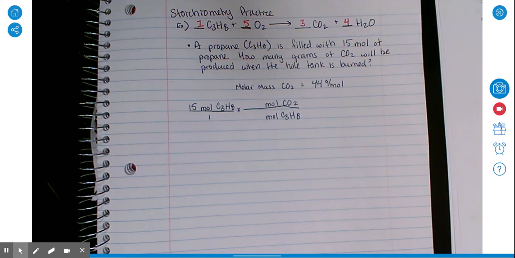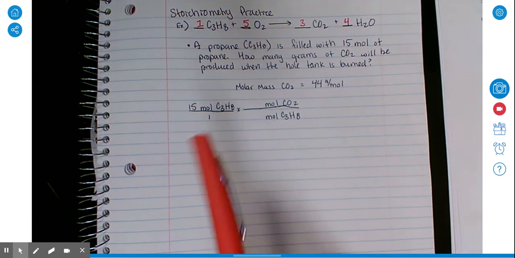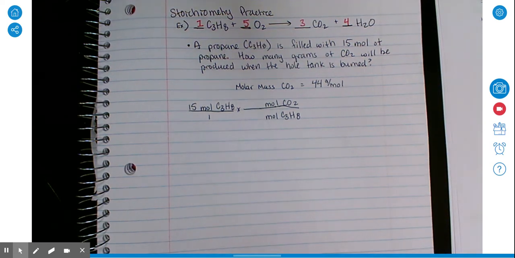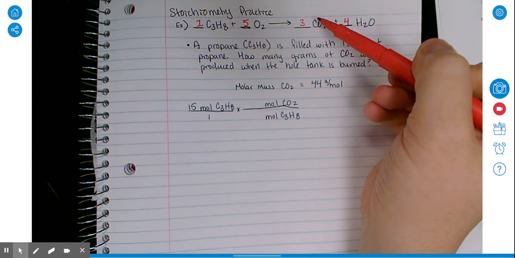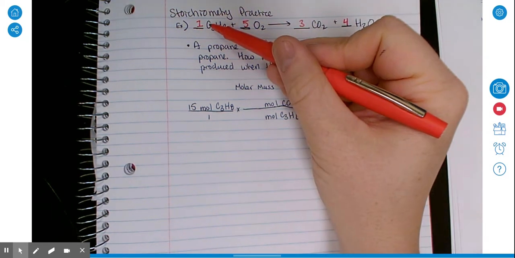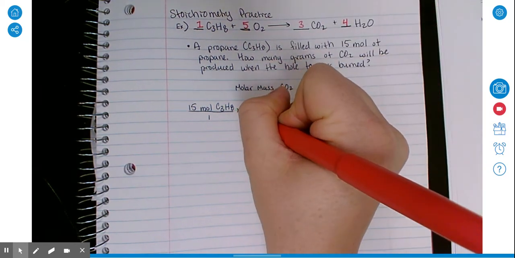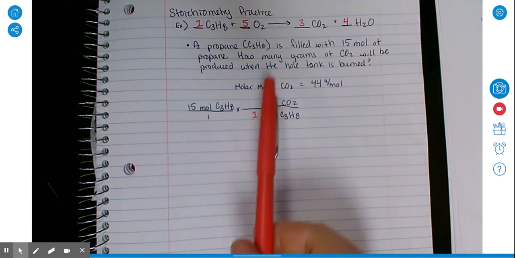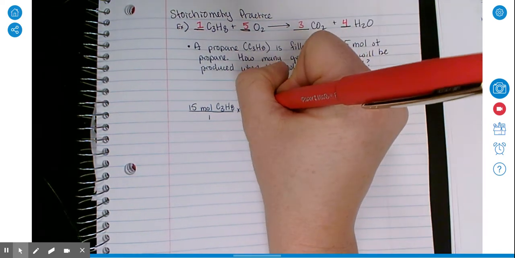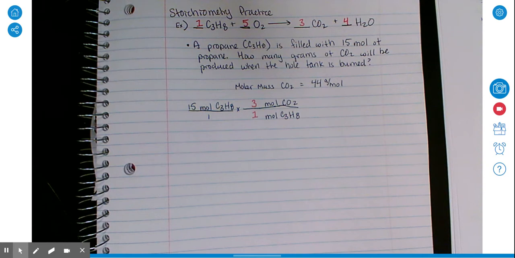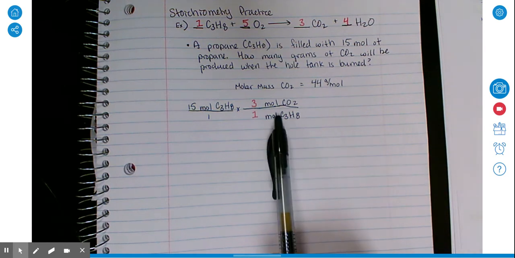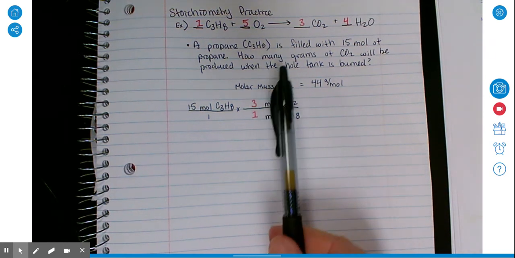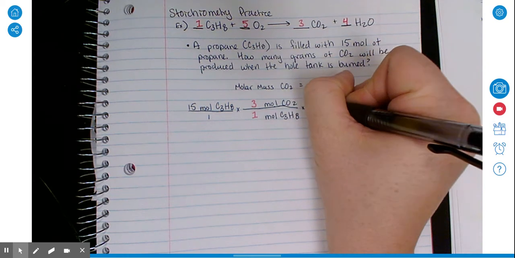To figure out a mole to mole, I'm going to put in a different color, use your balanced equation. For every 1 mole of propane used, 3 moles of CO2 are released into the atmosphere. Now, from moles of CO2, I can go to grams of CO2.